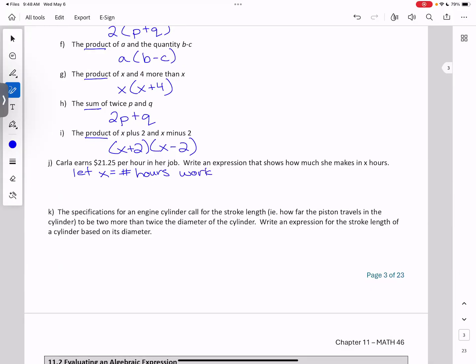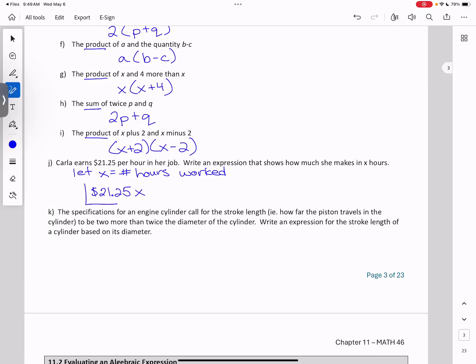For example, if Carla worked 2 hours, how much would she earn? Well, you'd say she'd earn twice whatever 21.25 is, right? So what is that? 42.50. So how did you do that? You took the number of hours and multiplied it by her wage. So that's what we're doing here. So the amount she's going to earn is 21.25 times X.